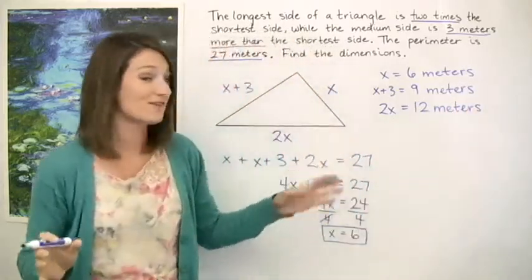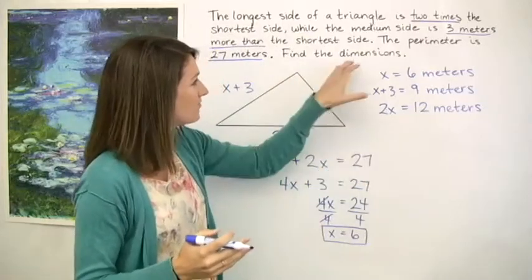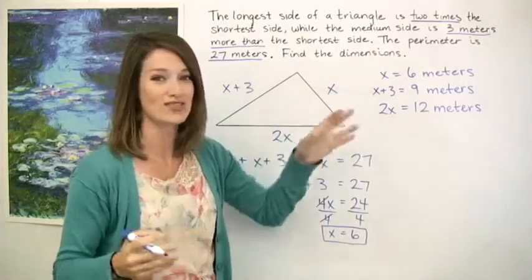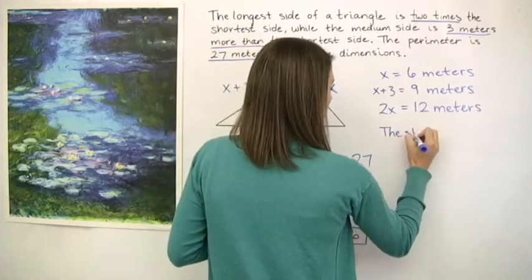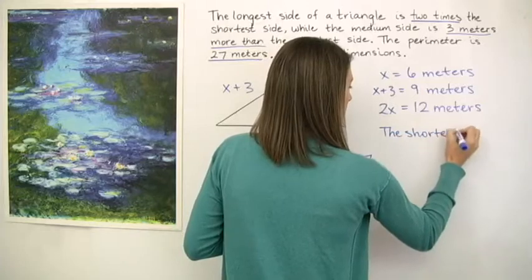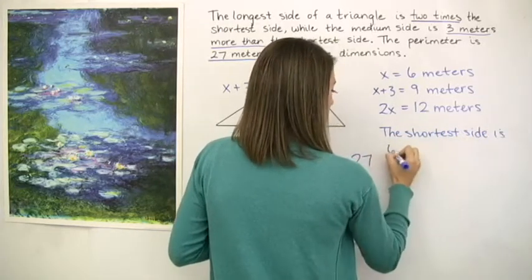So moving on to our fifth step in the blueprint, we're going to write out our answers, which we needed to find the dimensions of this triangle. We're going to write those out in a complete sentence. So we can say the shortest side is 6 meters.